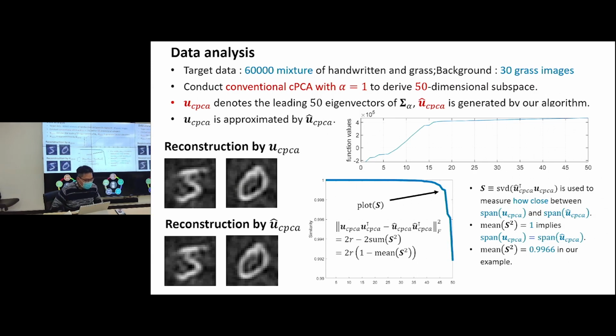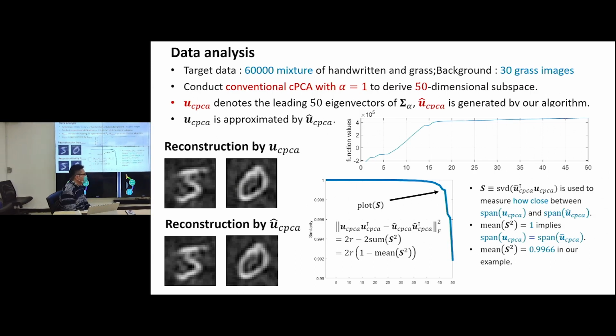And we conduct our data analysis. Our contrastive parameter alpha is equal to 1, and we derive a 50-dimensional subspace. That is, P is equal to 784 and R is equal to 50.